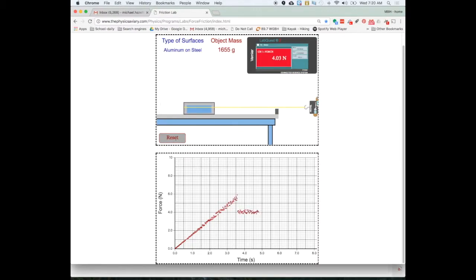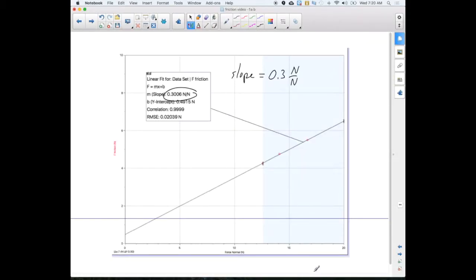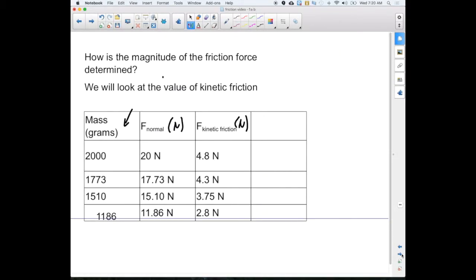And then I'll take that data and put it into a Logger Pro spreadsheet. So let's look at that. This is the kinetic friction. So again, I've done the same thing. This right here is that first data point that I collected, and then these are the rest of them.